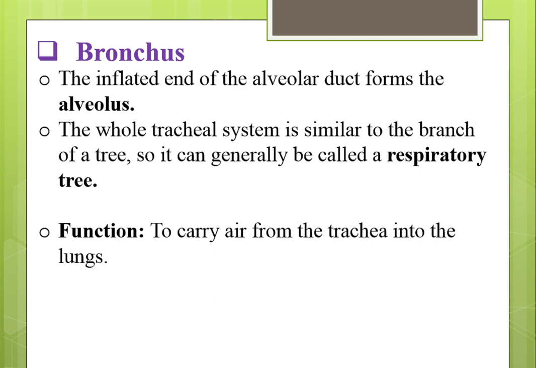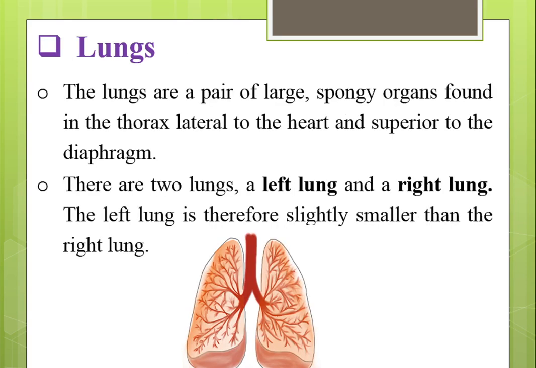Last one, lungs. The next part after the bronchus is the lungs. The lungs are a pair of cone-shaped organs placed one on either side within the thorax. The superior portion of the lungs is known as the apex, and the inferior portion is known as the base.